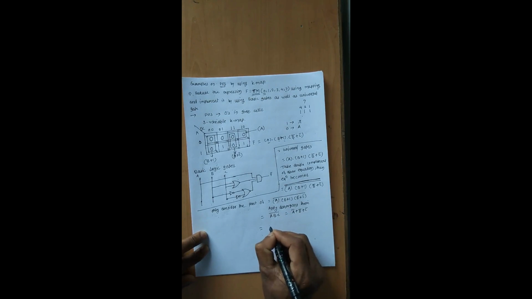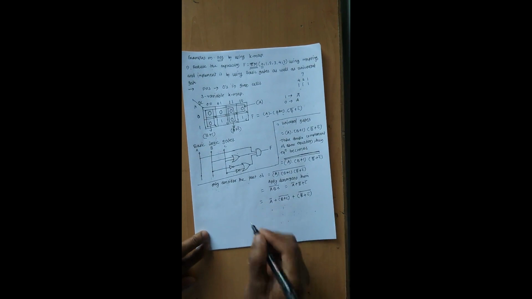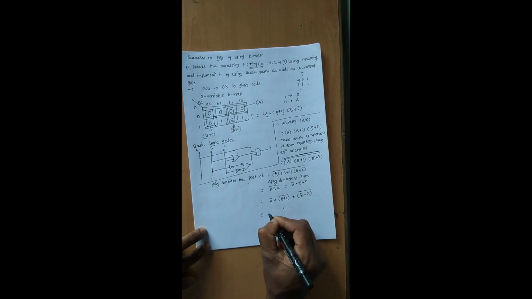So the above equation becomes A bar plus B plus C bar plus B bar plus C bar its bar, and then the final equation is A bar plus B plus C bar plus B bar plus C bar and its whole bar.